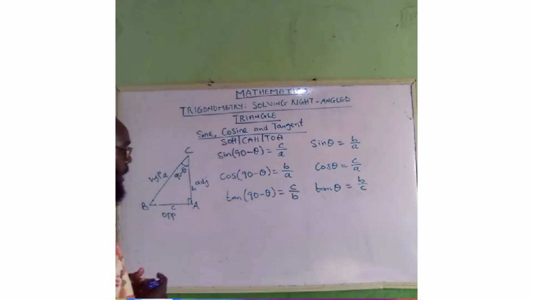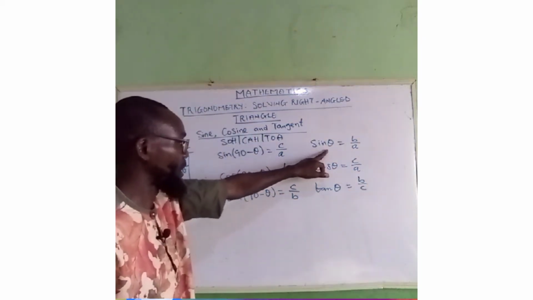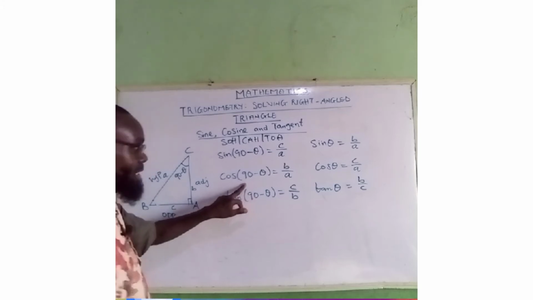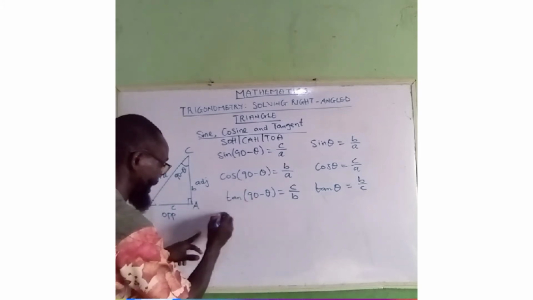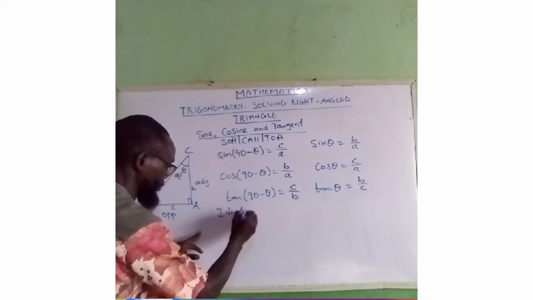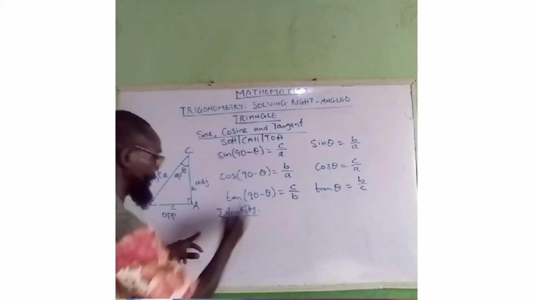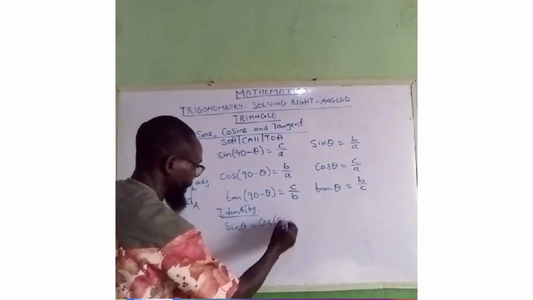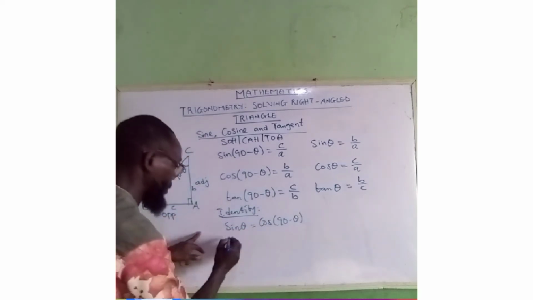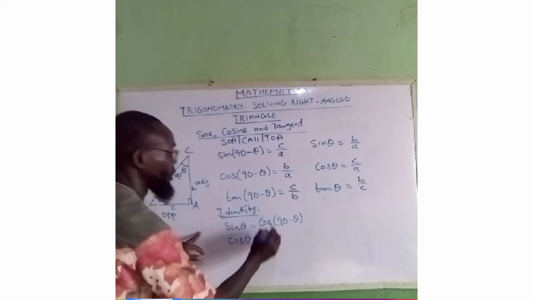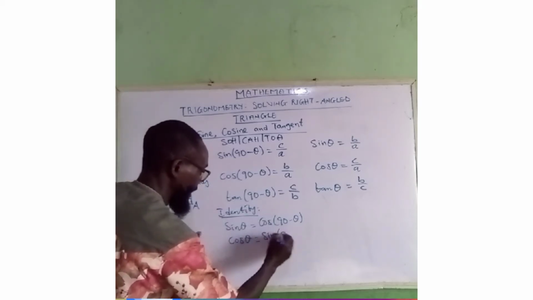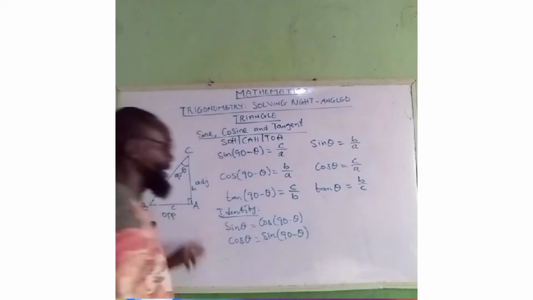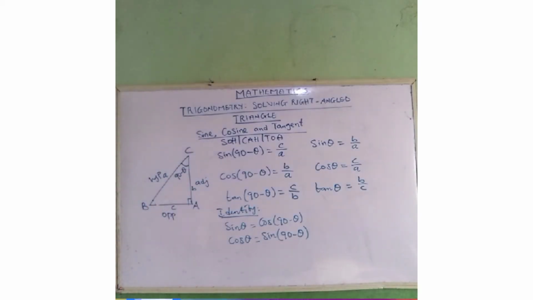Now from here, we can see that sine theta equals to cos 90 minus theta. So the identity is that sine theta is equal to cos 90 minus theta, while cos theta is equals to sine 90 minus theta. So this is called an identity. So we are able to prove the sine, cosine, and tangent of a right angled triangle.